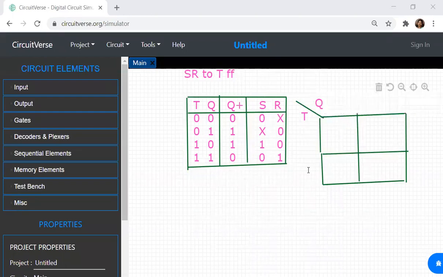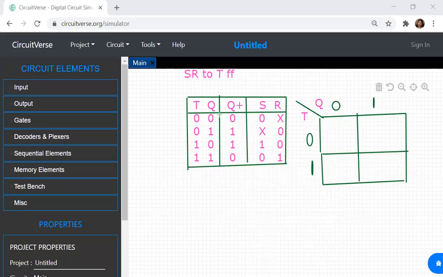Now, what is the combination? For 0, 0, what is the output? It is 0. Let me label the K-map, 0 and 1.